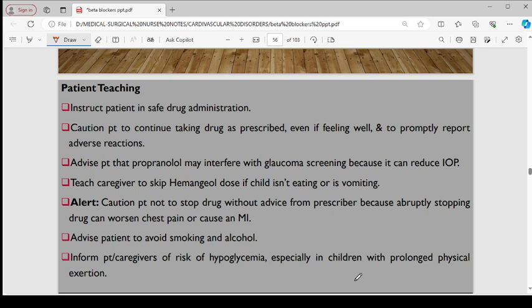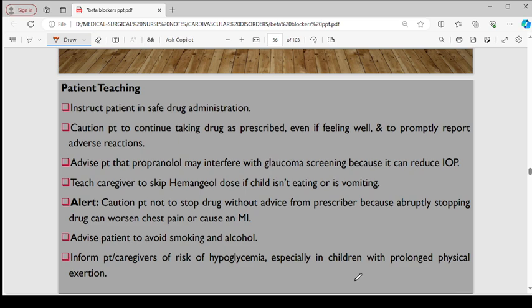Teach the patient to skip the hemangioma dose if the child is not eating or is vomiting, and caution the patient not to stop the drug without advice from the prescriber because abrupt stopping can worsen chest pain or cause an MI.